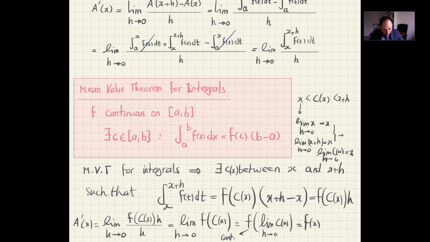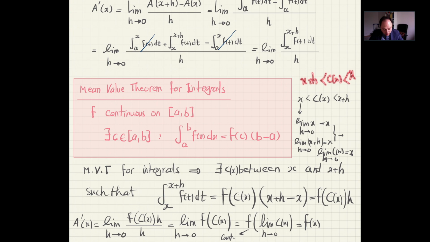To show that dependence, I put x in a pair of brackets. This c of x is between x and x plus h. And what I have written here is not 100% correct, because I'm assuming h is positive. If h is negative, x plus h should be on the left hand side and x should be on the right hand side.